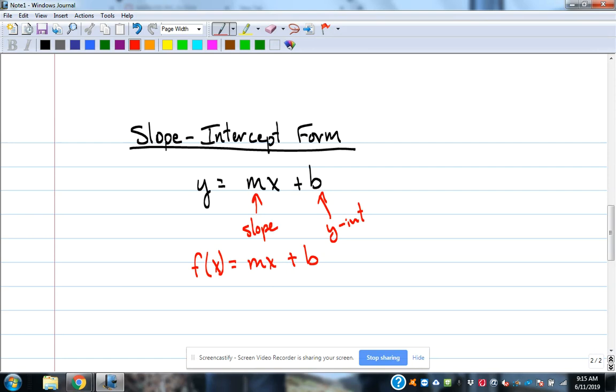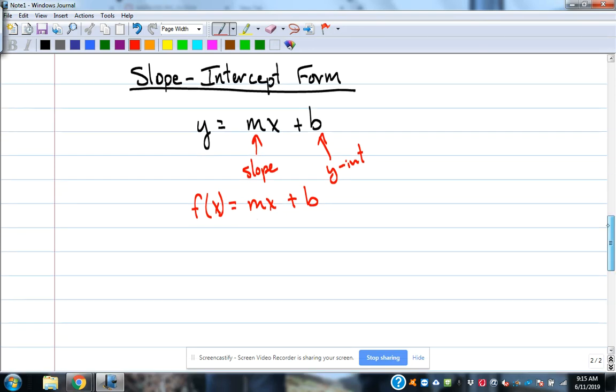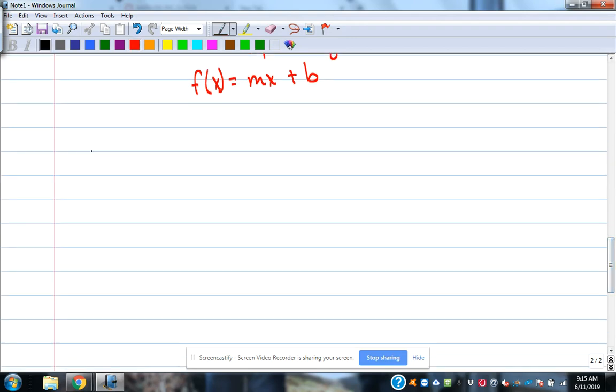Okay, so slope and y-intercept. In this one, we don't have an ordered pair. We've got a slope and a y-intercept. The relationship between this and point slope form can be seen by just showing you an example.